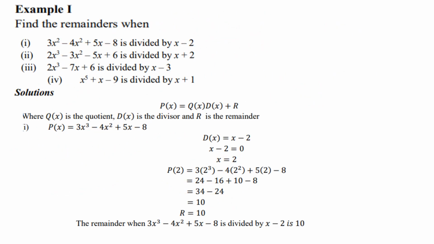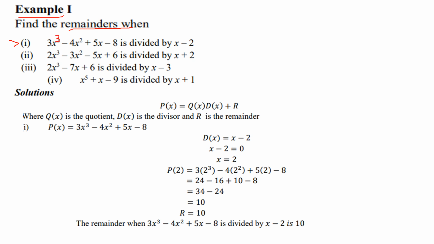In this slide, we have provided some examples, and in these examples, we have prompted you to find the remainders when the respective polynomials of x are divided by the given factors. So in Roman number 1, we have the polynomial 3x cubed minus 4x squared plus 5x minus 8 being divided by x minus 2. Notice that this one was supposed to be cubed.